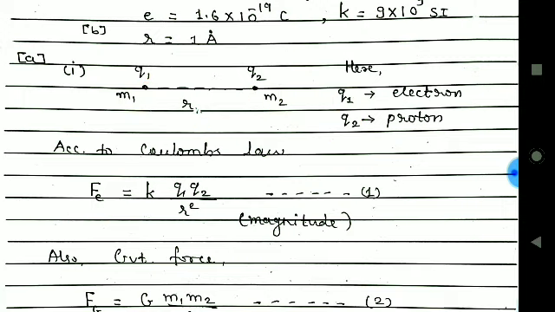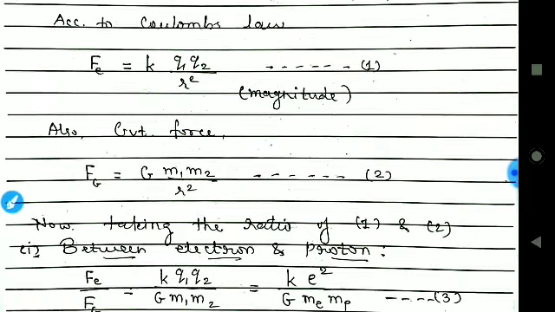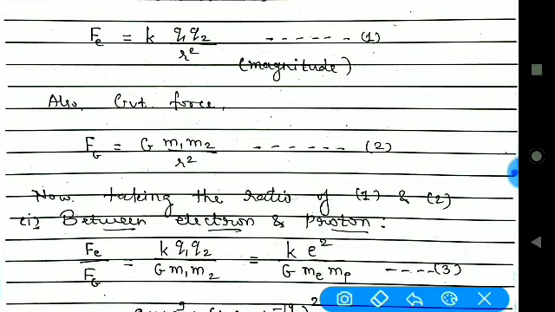And if we consider the masses of this particle, then the gravitational force Fg is given by G m1 into m2 upon R square. So equation 1 is a Coulombian force due to charge and equation 2 is a gravitational force due to masses.